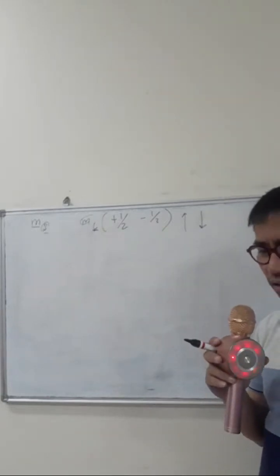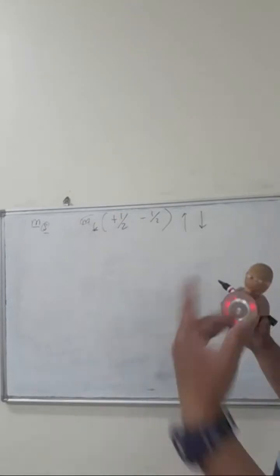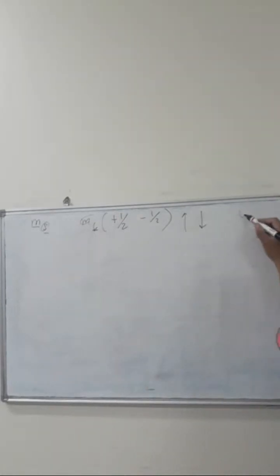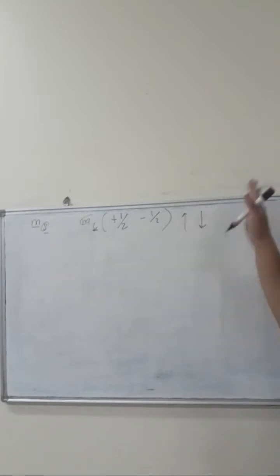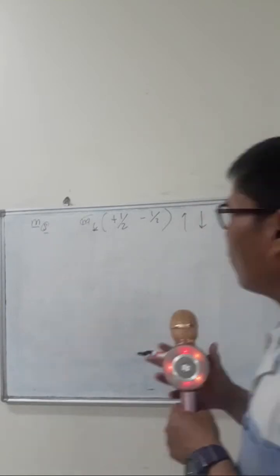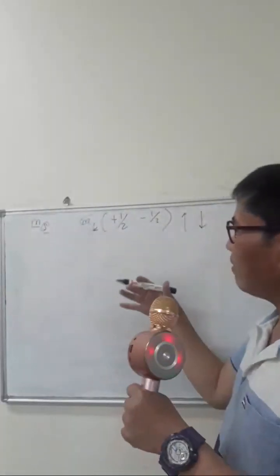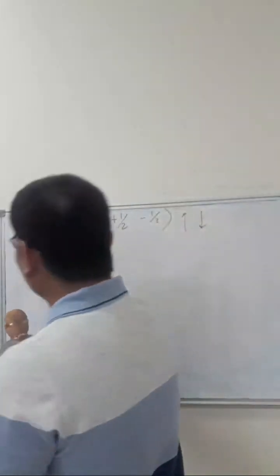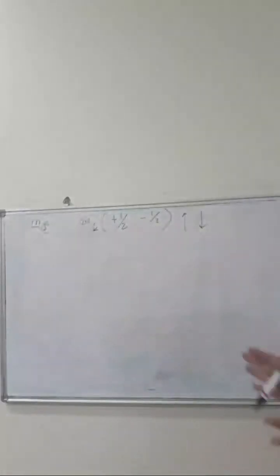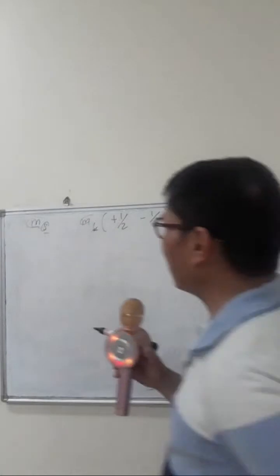This is a matter of generalities, the same all over the world. The concept will never change. Just like turning to the left is negative, turning to the right is positive. And that is the spin quantum number: the positioning, orientation, and direction of your electrons in your particular orbit, shell, or energy level.